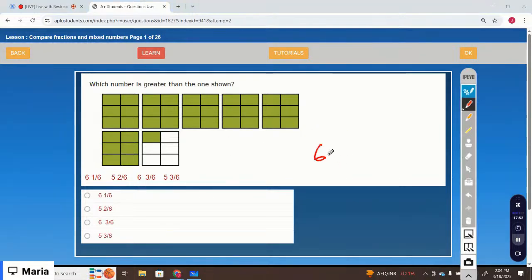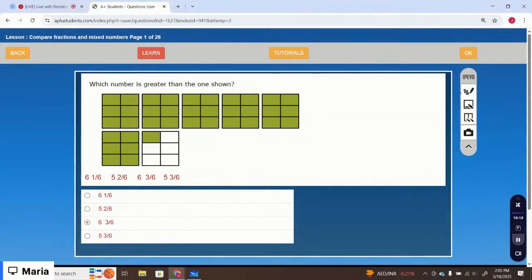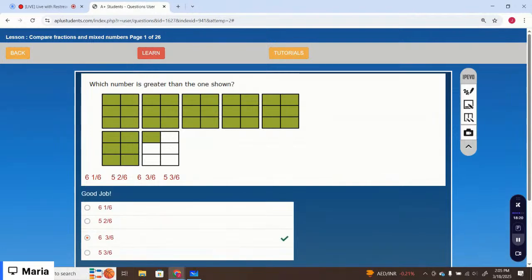So the number shown is 6 whole 1 over 6, and the number that is greater than shown is 6 whole 3 by 6. So option number 3 is the correct option. The one that is greater is 6 whole 3 over 6.